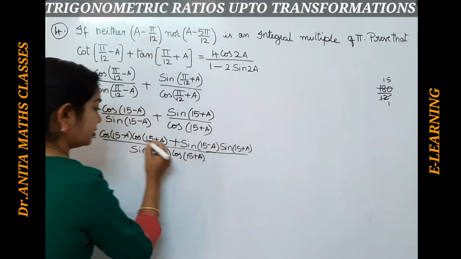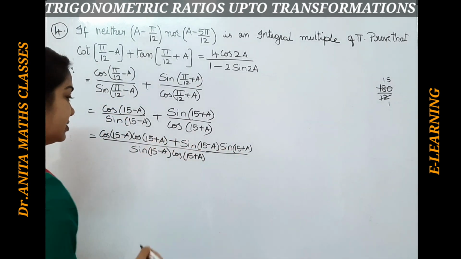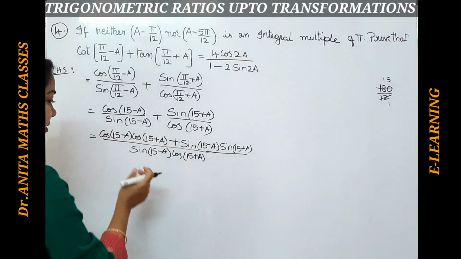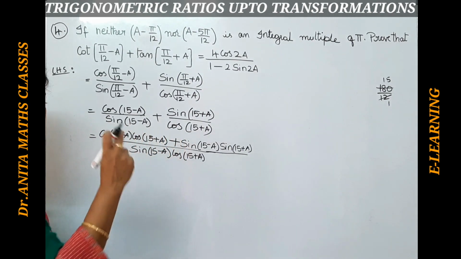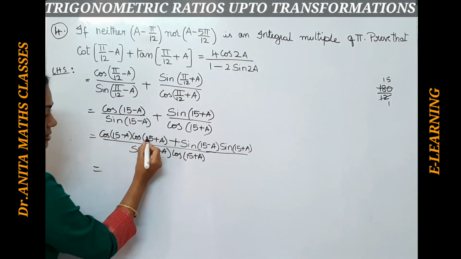So this can be resolved in the form of cos A cos B plus sin A sin B. That means cos(A minus B). Let us consider this as A, this as B.